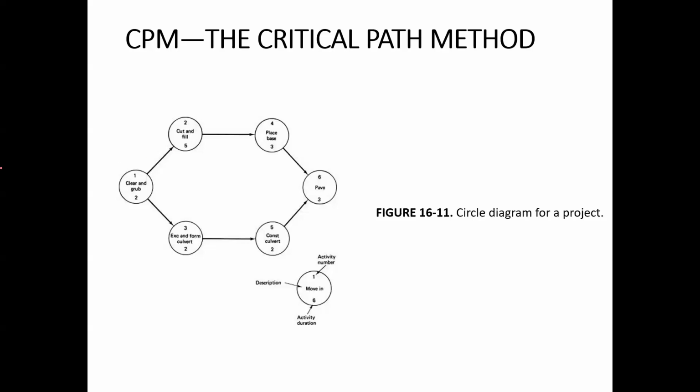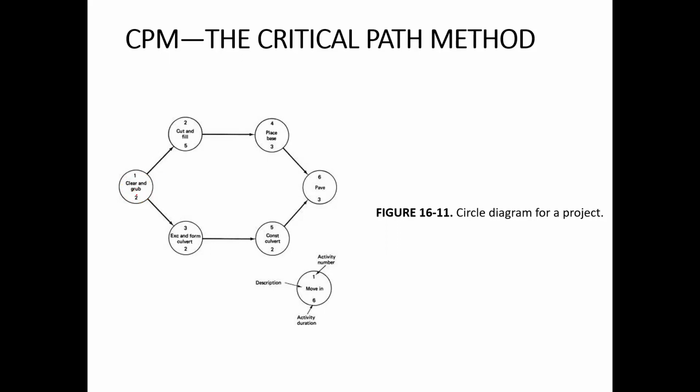So here you can see that there is a starting activity, clear and grub activity. So we start from the clear and grub activity. Once the clear and grub activity is completed, which takes 2 weeks, and the number 1 over here is showing the activity number, and clear and grub is the activity description. So we are representing this activity by a node, or a circle, over here.